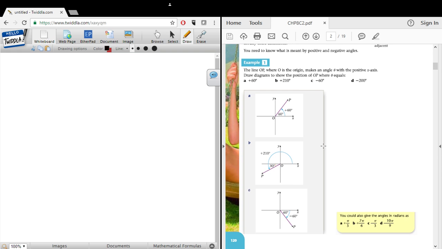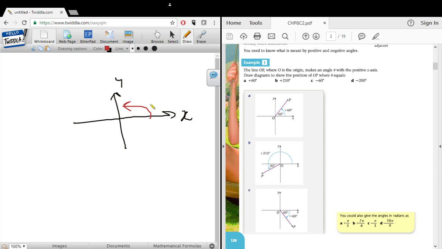The line OP from the origin to the point P makes an angle theta with the positive x-axis. Draw diagrams to show the position of OP with theta equals the following. Now remember, we said that with the graph, the movement in the positive direction is the counterclockwise movement.